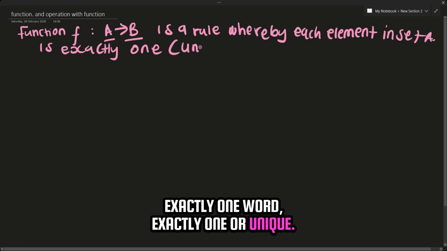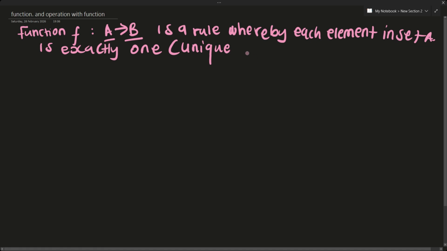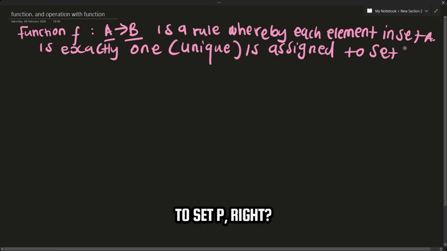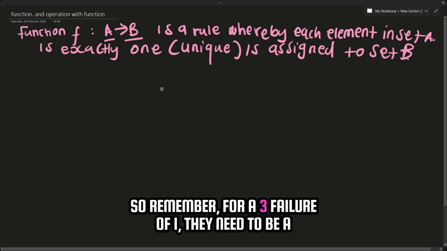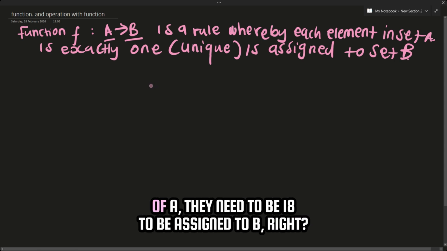Exactly one or unique, is assigned to set B, right? So remember, for every value of A, they need to be assigned to B, right?